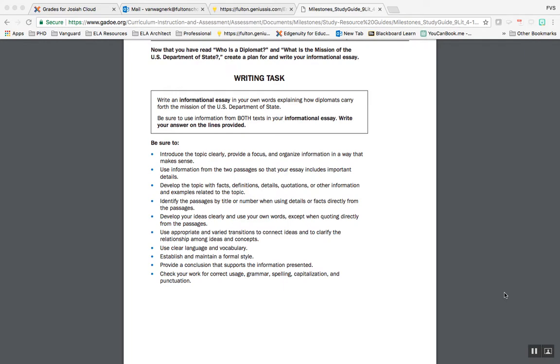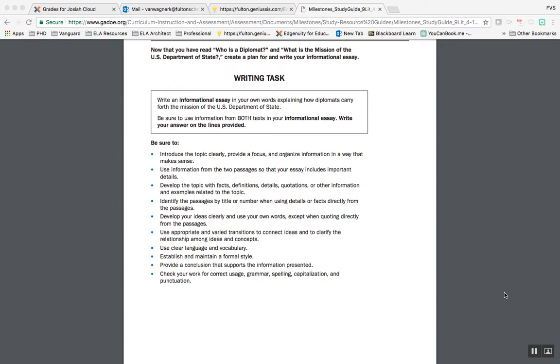It really helps to see how each one of the points that you want to include fits in that big picture. If you're going to explain the role of a diplomat, shouldn't that come after the definition of a diplomat? You know, things like that, where you're organizing it so that it makes sense and information connects in a logical way. Use information from both passages. Make sure that you do that, okay?